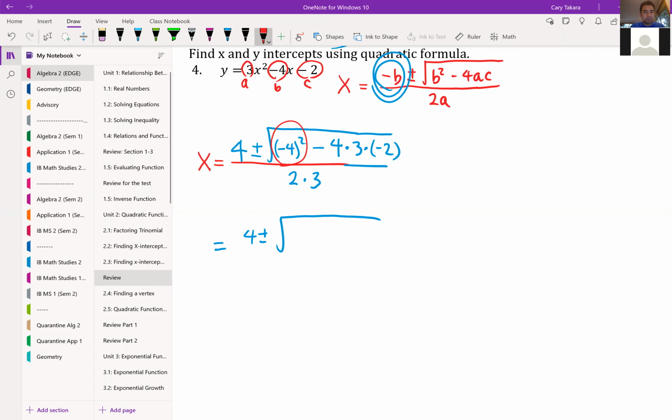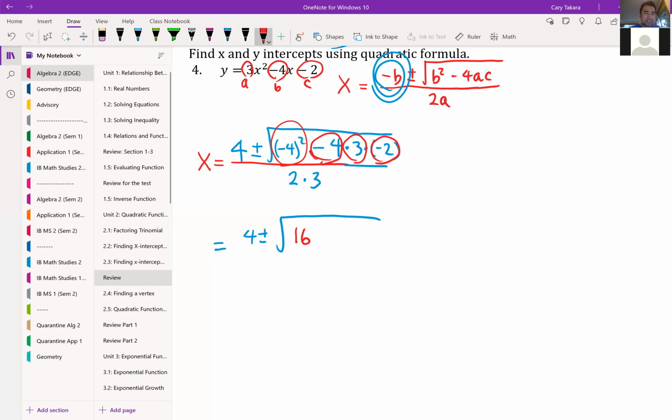So you have to press negative 4 squared in parentheses. Then that's a positive 16, okay? So that's an easy mistake to make. And I've seen that so many times, okay? So it will be positive 16. And then I asked you guys to do this negative 4 times 3 times negative 2.